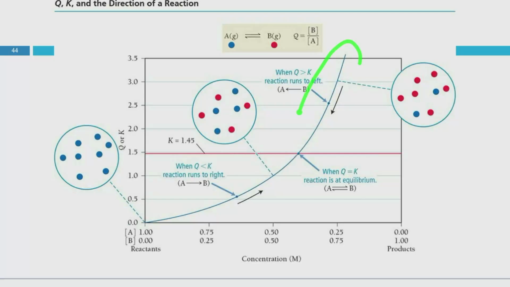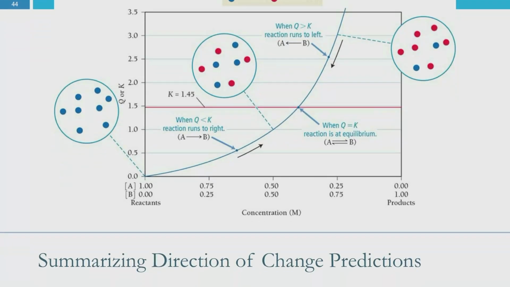If we are up in this upper section, that means we've got more product than reactant than we need at equilibrium, and so it's going to decrease the concentration of B and increase the concentration of A, causing that value to come down. If we're below it, we've got more reactant than we're supposed to relative to product, so it's going to slide up.